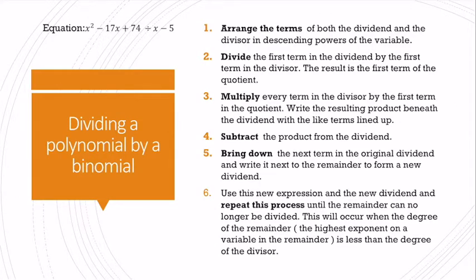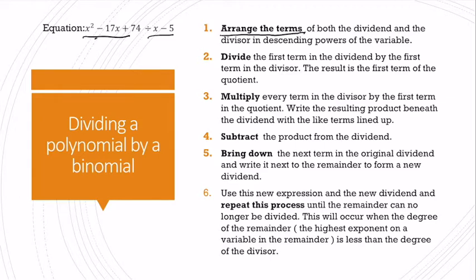Dividing a polynomial by a binomial works the same way. First, you have to arrange the terms of both the dividend and the divisor from highest power to smallest power. Then you want to divide the first term in the dividend by the first term in the divisor. The result is going to be the first term of our quotient, okay?